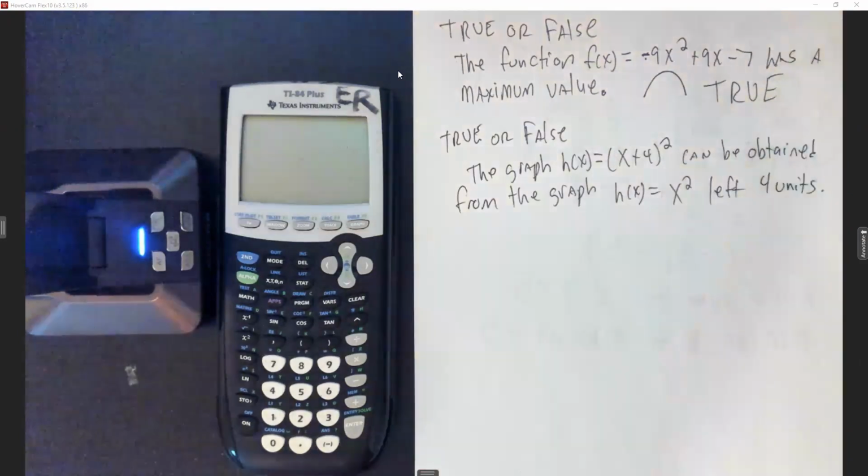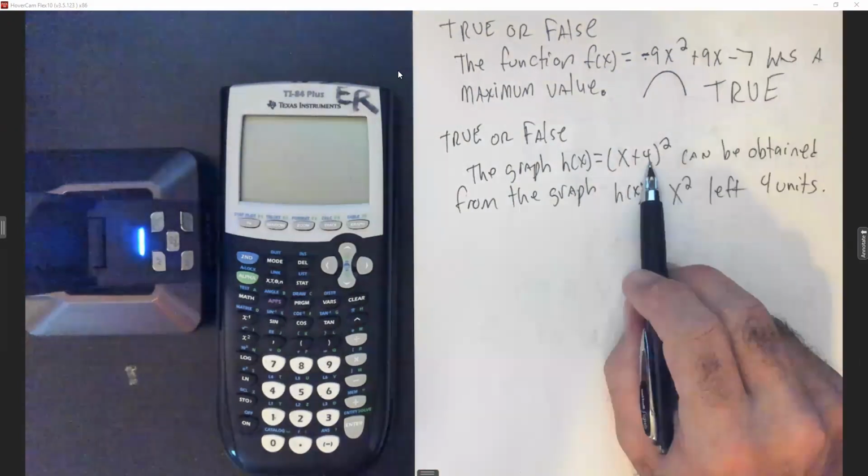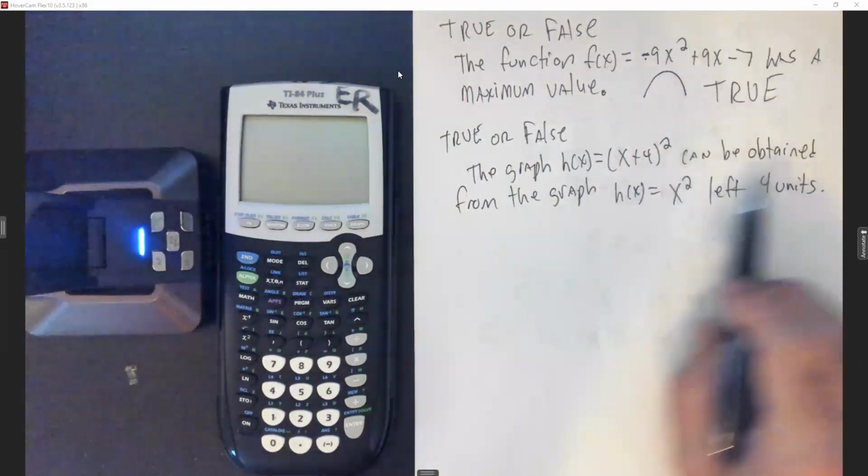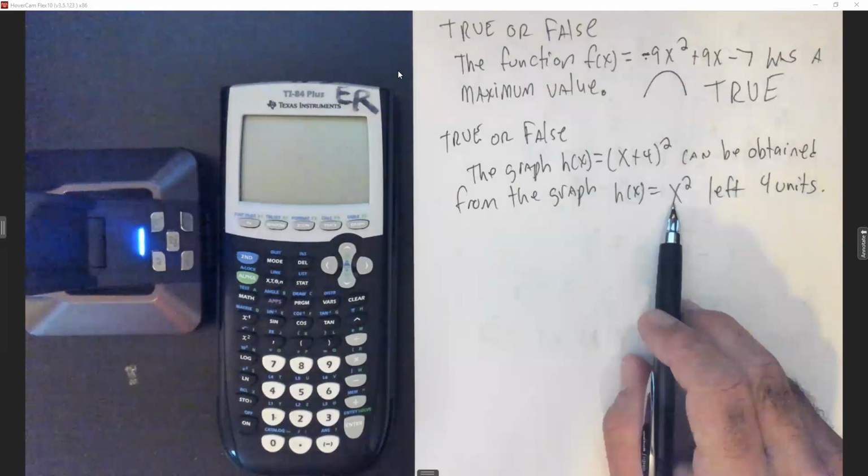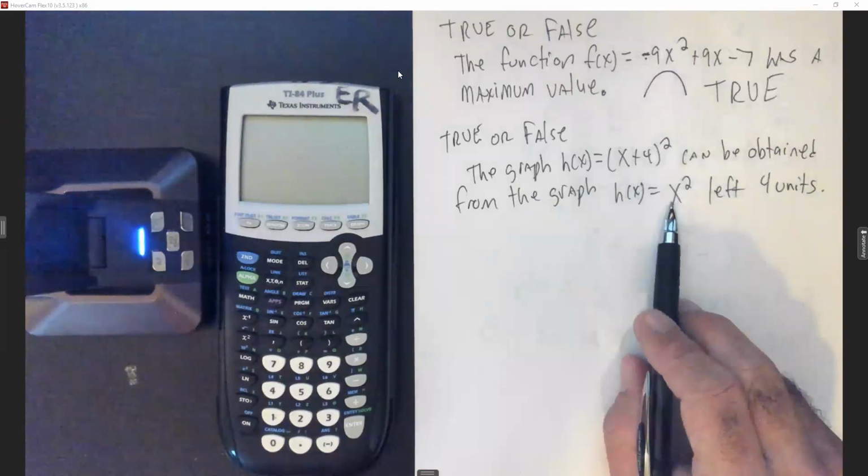So the graph of x plus 4 squared can be obtained from the graph of x squared if you move it left 4 units. Is that true or false?